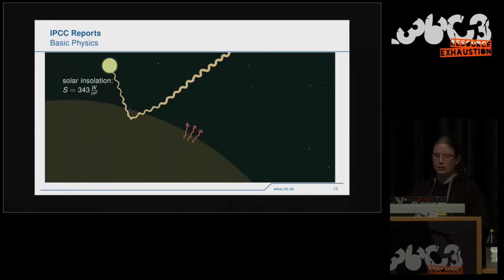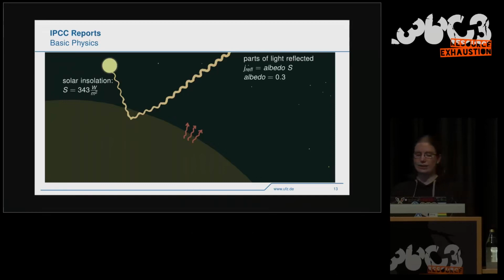We know something about this Sun. We know the solar insolation, and we know parts of the light is reflected, and the factor that is reflected is usually called albedo. So the reflected energy is albedo times the solar insolation, and albedo is something about 30%.